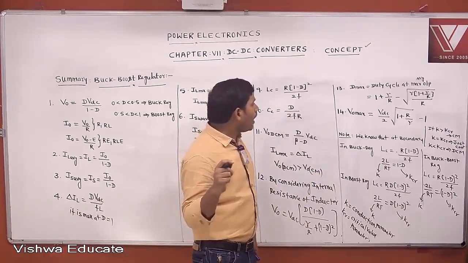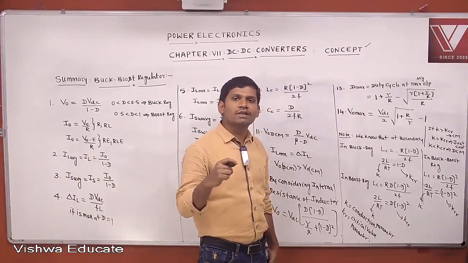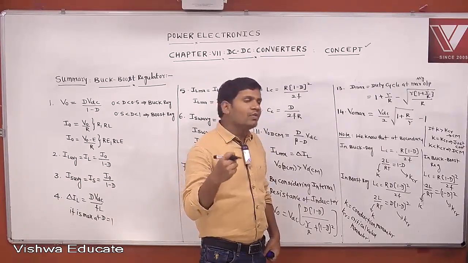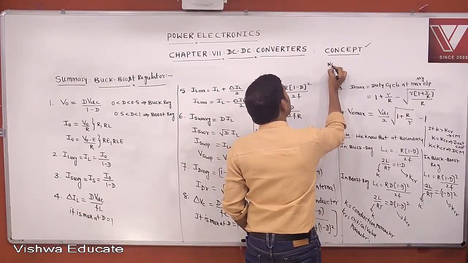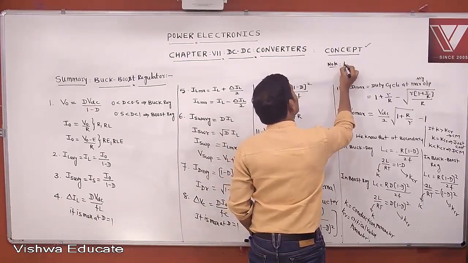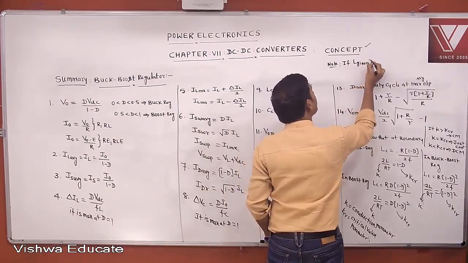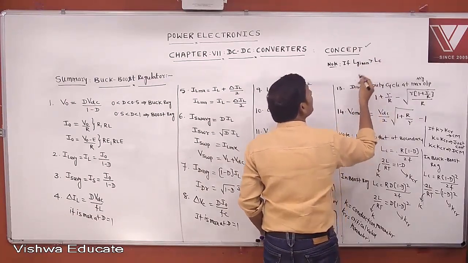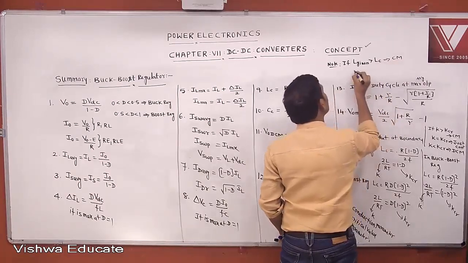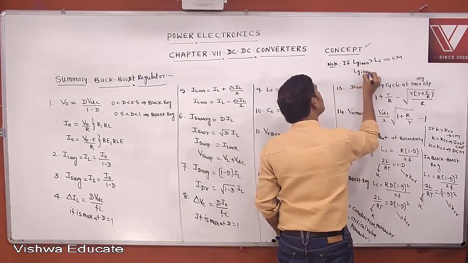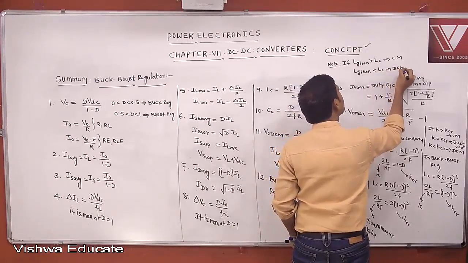But I already told you another way to analyze whether it is continuous or discontinuous mode. If L given is greater than LC, the critical inductance, then it is continuous mode. If L given is less than LC, then it is discontinuous mode.